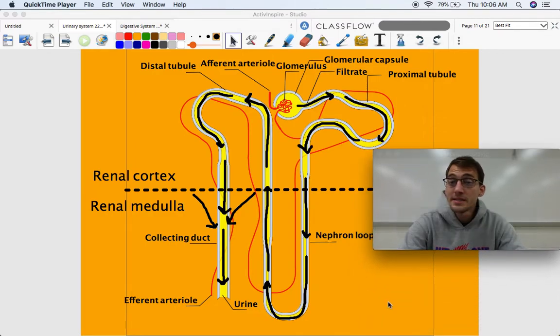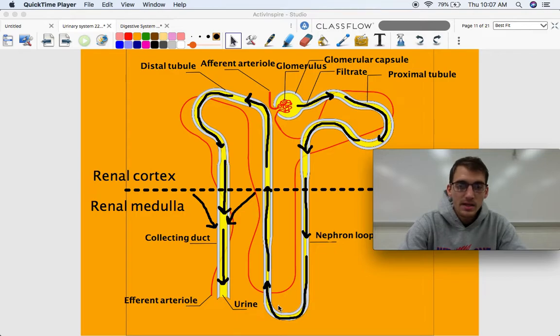And two processes here, tubular secretion, no, tubular reabsorption, there we go. Tubular reabsorption is going to be occurring in the nephron loop to make sure, hey, hold on, I don't want to get rid of everything from the blood, I want to keep some of it. That's what's going to be happening in the nephron loop. Like, hey, tubular reabsorption, I want to reabsorb some of the stuff that I filtered out back into the body, right?